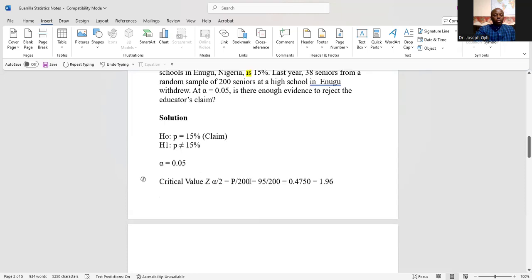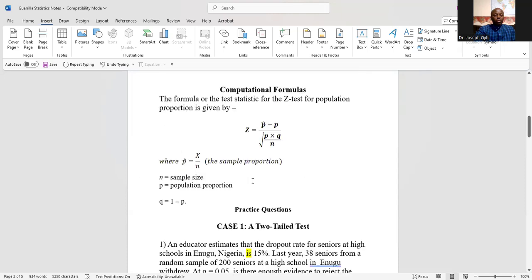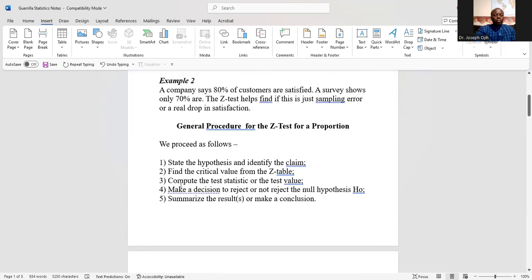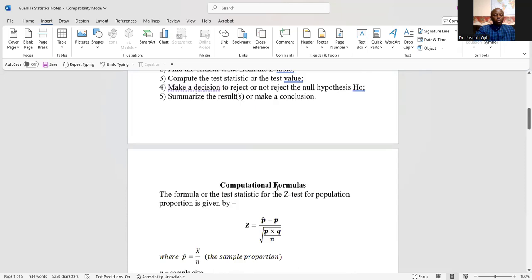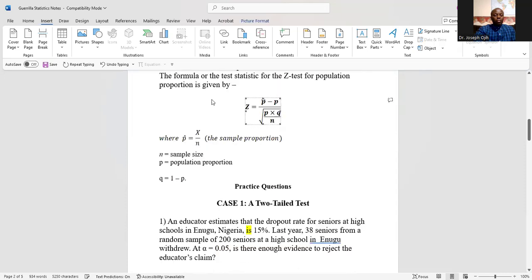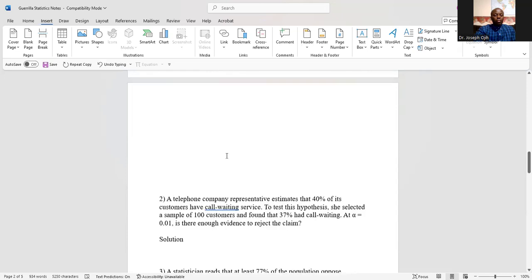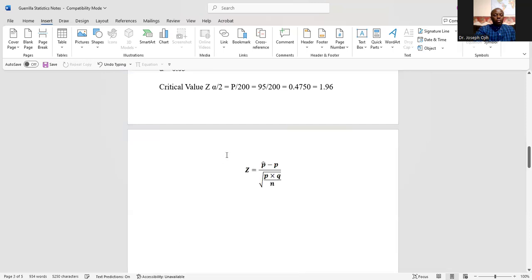We have got our critical value. Now we're going to go to stage 3, which is to compute the test statistic. So let's do it. For that, we need this formula here. I'm going to copy it from here and paste it there. That's the formula we'll be using.